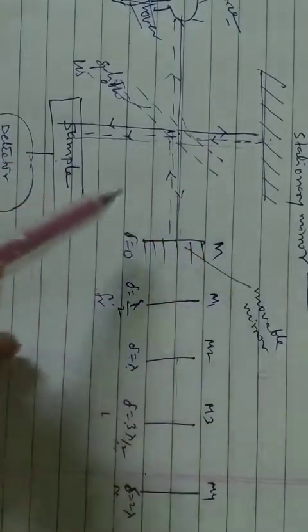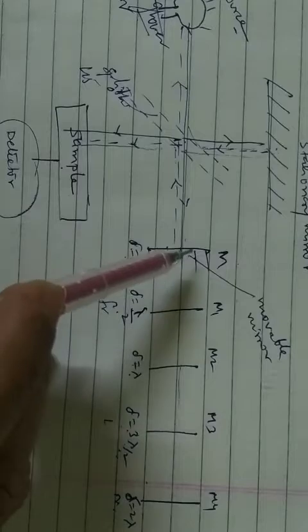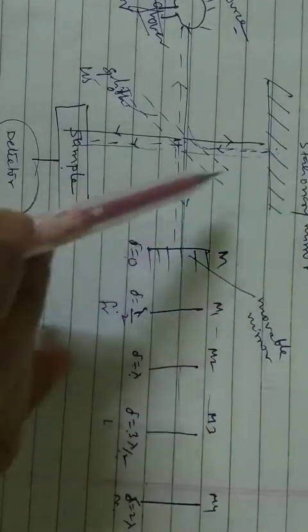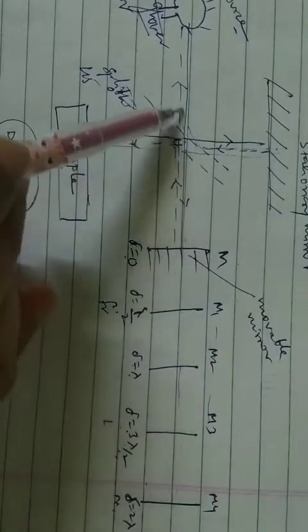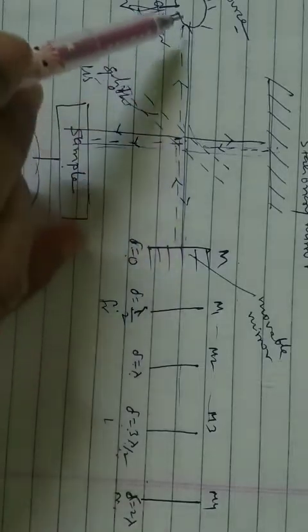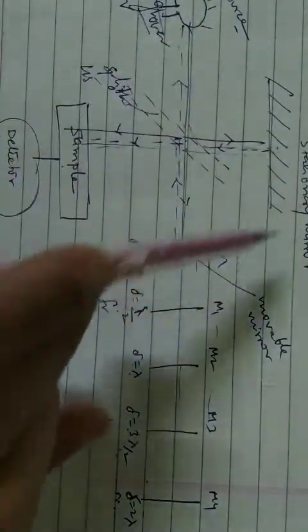That means the sample is absorbing radiation from the movable mirror as well as from the stationary mirror, deflected and non-deflected. This is the procedure taking place in FTIR.